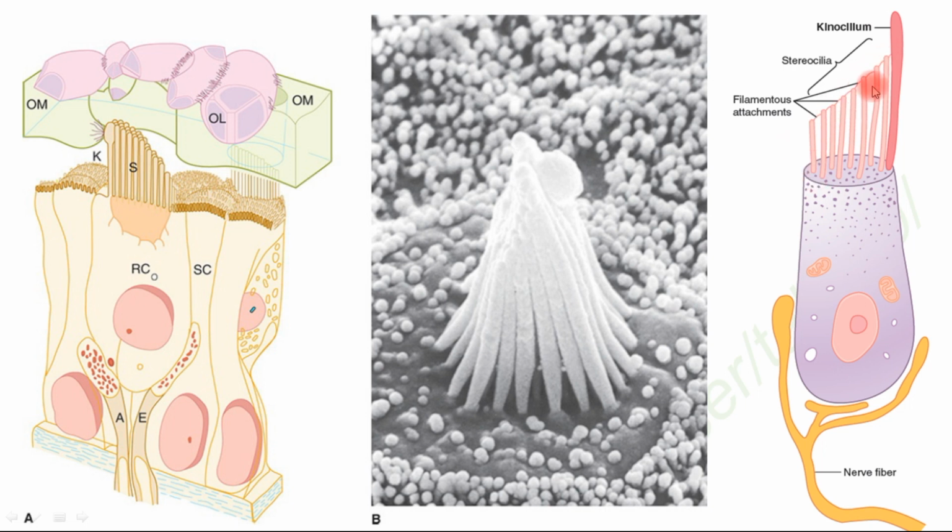So it is arranged in this way, and the tip of each of the stereocilia is connected with the help of a filamentous attachment. And here, as you can see, this hair cell has the innervation of a nerve fiber, and if any receptor potential is generated here and gets converted into an action potential, it will be carried away by the nerve fiber. So this is the individual hair cell, which is embedded.